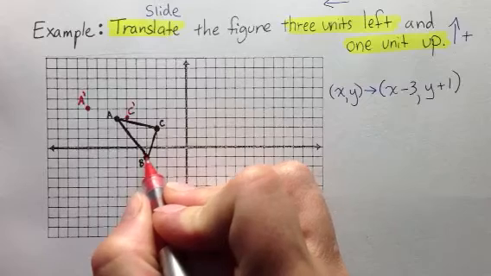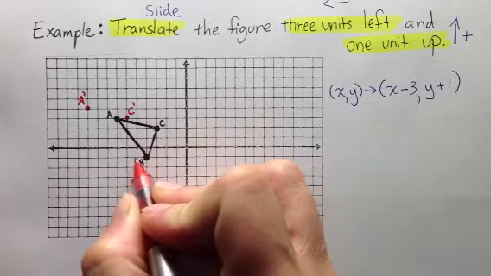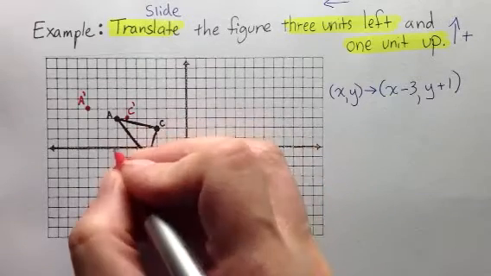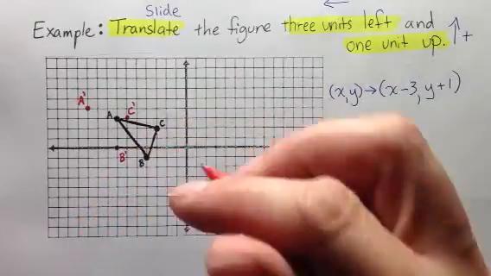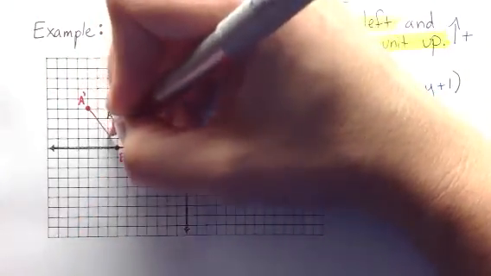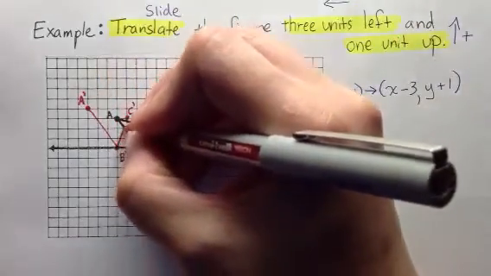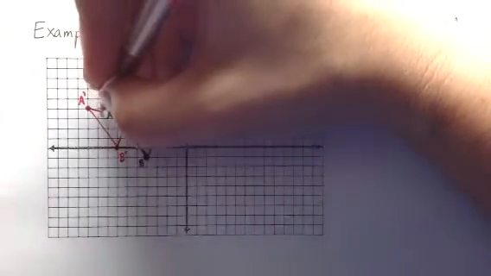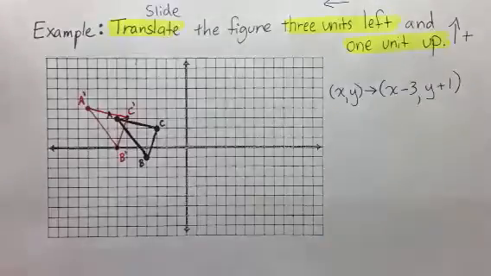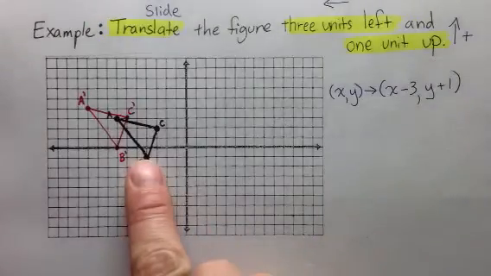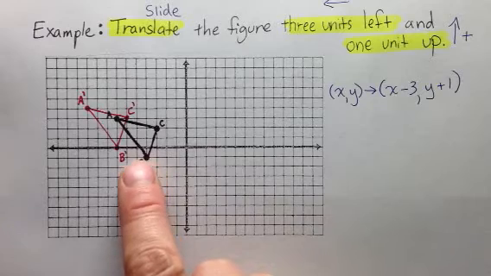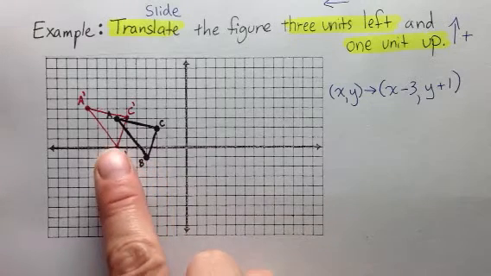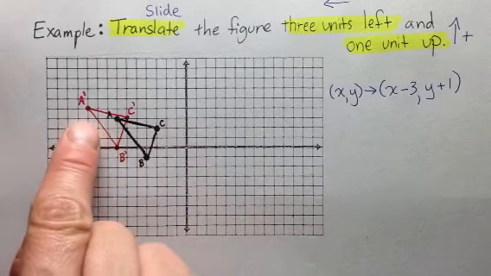And I have one more point to move. I'm going to go left 1, 2, 3, up 1. And that's B prime. Once you connect those points, you have your image. Okay, so I took the figure and I shifted it, I slid it, I translated 3 units to the left and 1 unit up, and I landed here on the image.